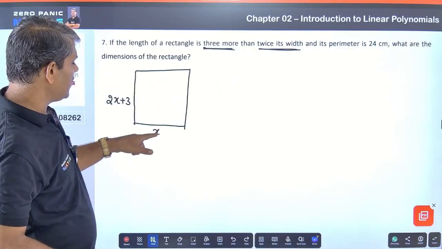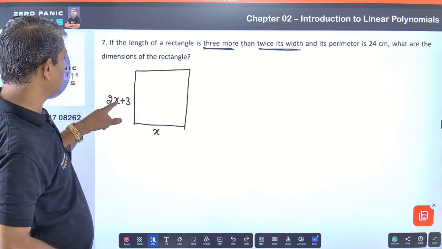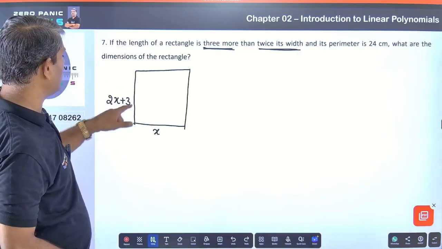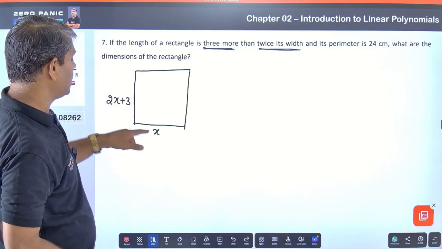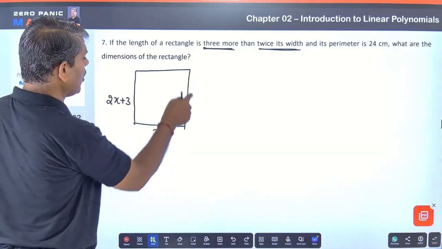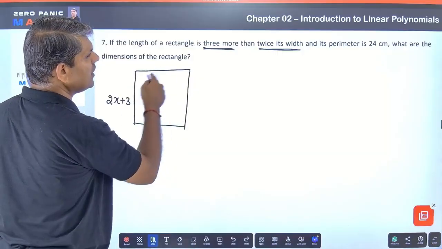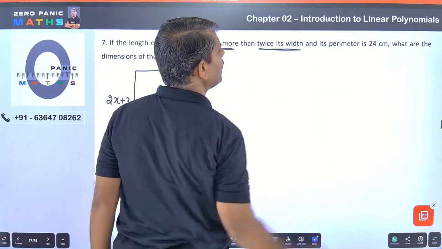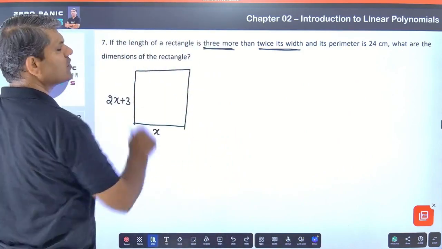If I consider width as x, then twice the width will be 2x, so the length of the rectangle will be 2x plus 3. And its perimeter, when you sum up all this, will be 24 centimeter. What are the dimensions of the rectangle?